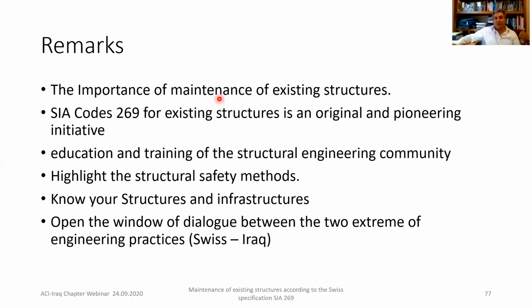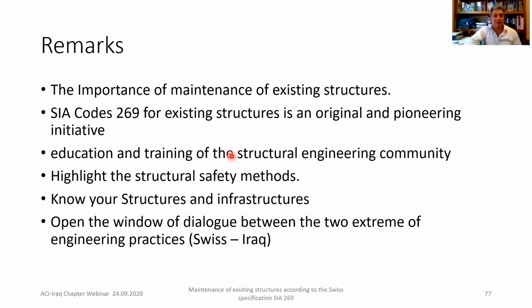Sorry, I took 10 minutes more than the presentation, but I want to finish with some remarks. No need to say the importance of the maintenance of existing structures, especially maybe in Iraq, because you have many problems with wars and problems with the rehabilitation.